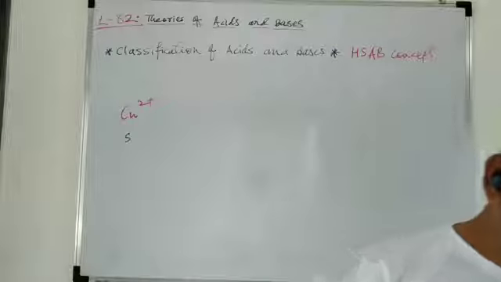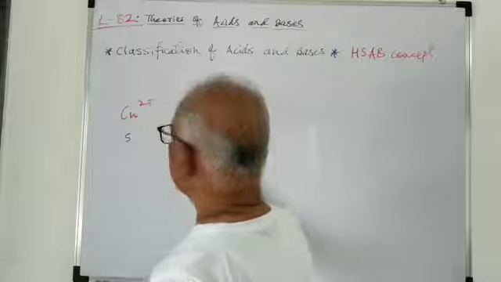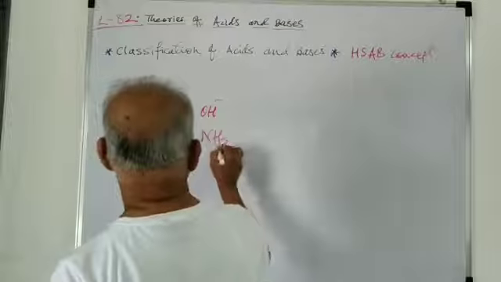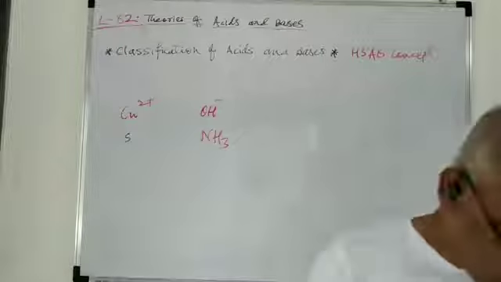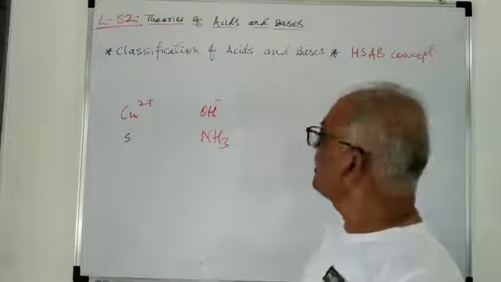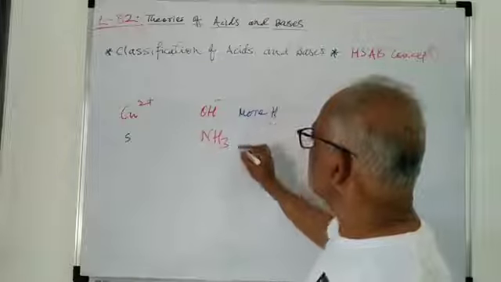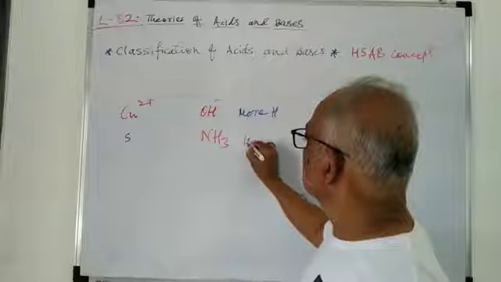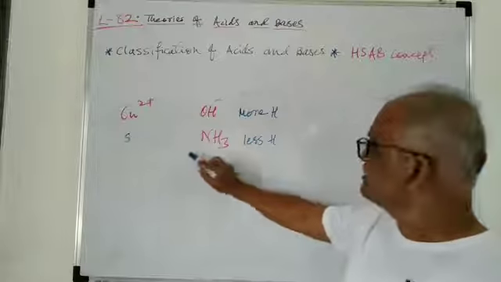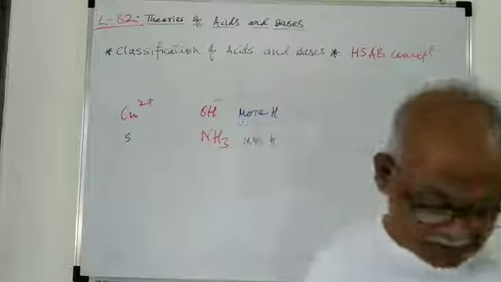We are considering its reaction with OH minus and NH3. Here OH minus is more hard and NH3 is less hard. So copper, being soft, will prefer to react with NH3 rather than OH minus.